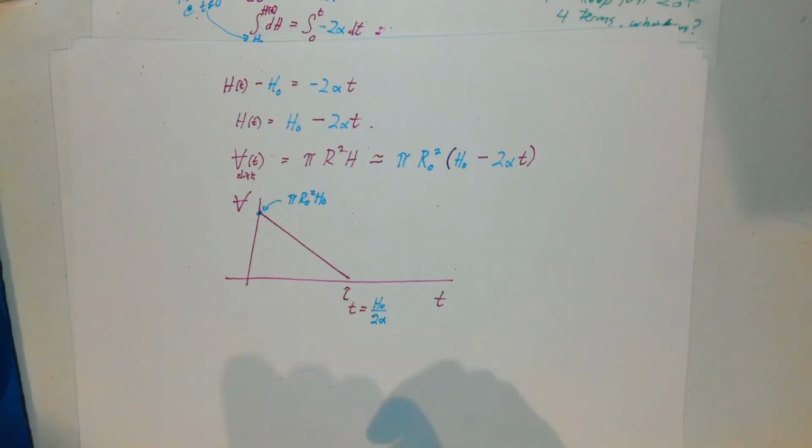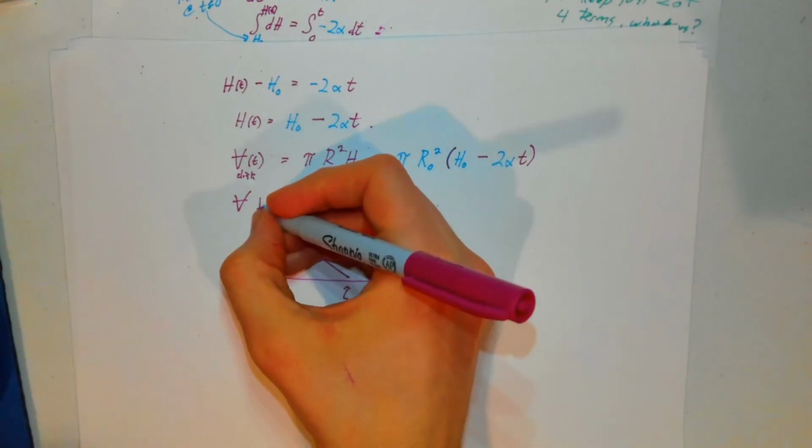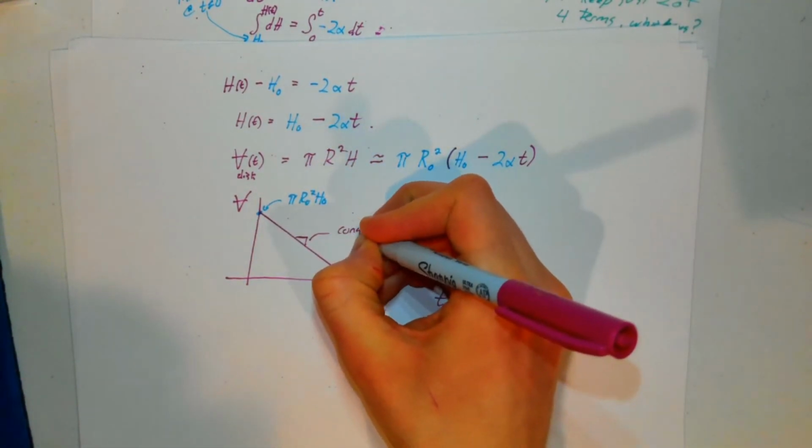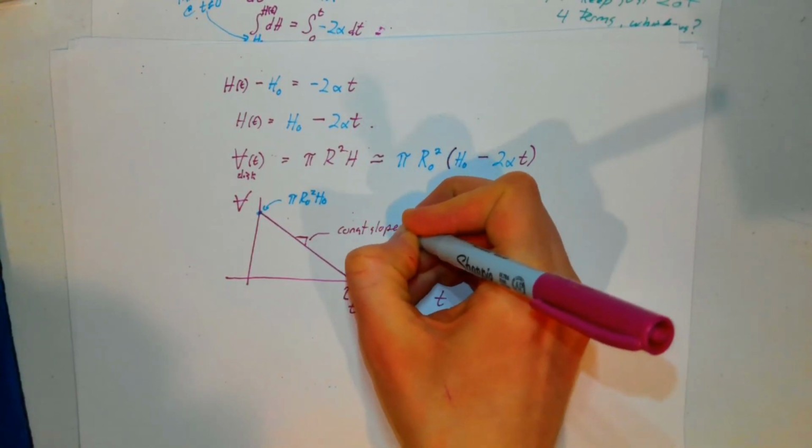And what's cool about this? Well, we basically have a constant slope.